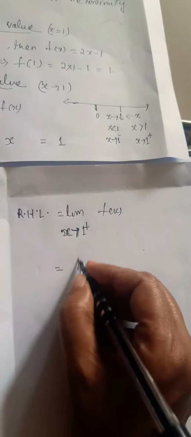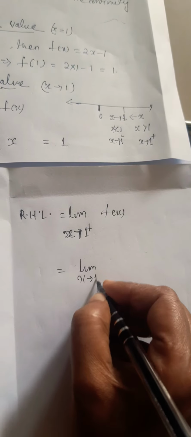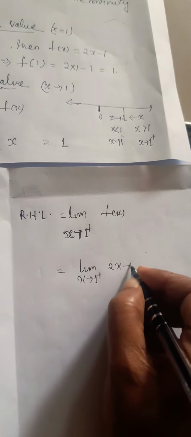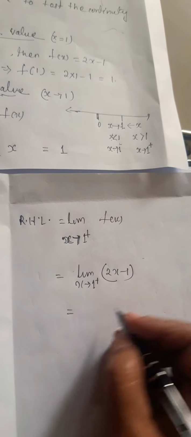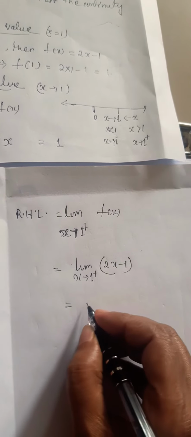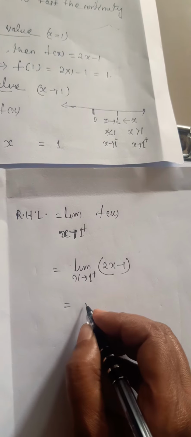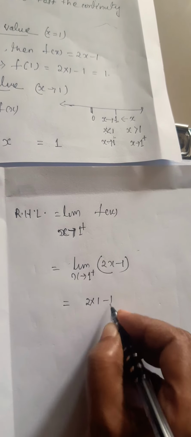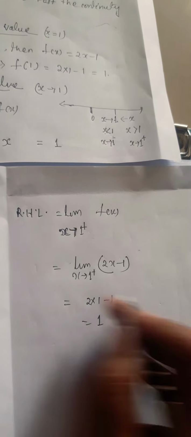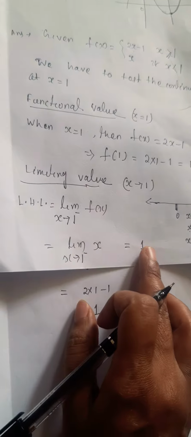So in place of f(x), we write 2x minus 1. Then just put 1 in place of x to find the required limit, that is 2 into 1 minus 1 is equal to 1. So our right hand side limit is 1 and our left hand side limit is also 1.